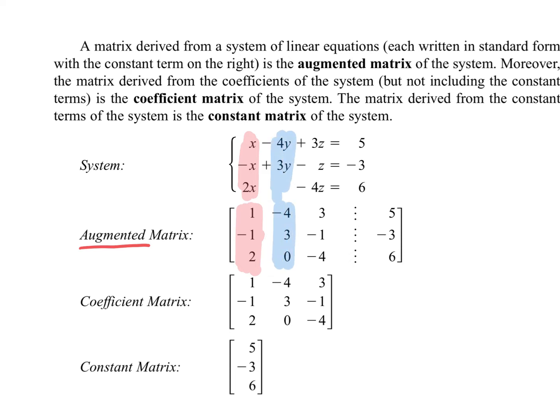Notice how here I don't have a y. So I would write 0 as the coefficient for that. And then we have the z's, and I write the coefficients of the z's in my augmented matrix. And then lastly, I have the constants, and that goes last. So this is called an augmented matrix.